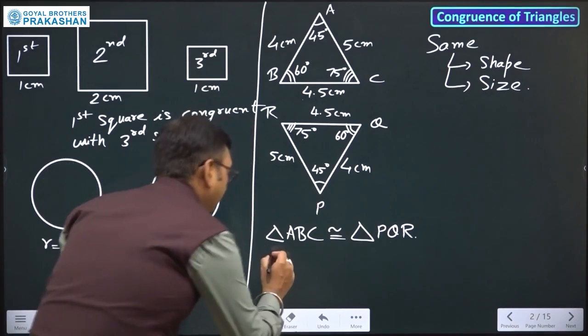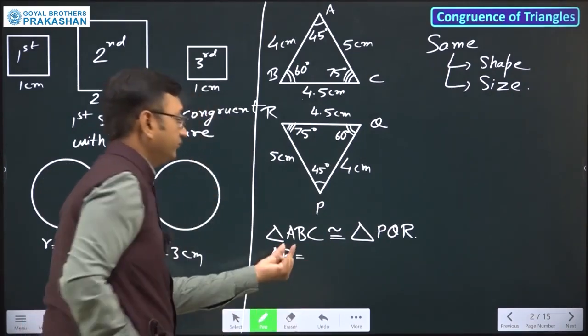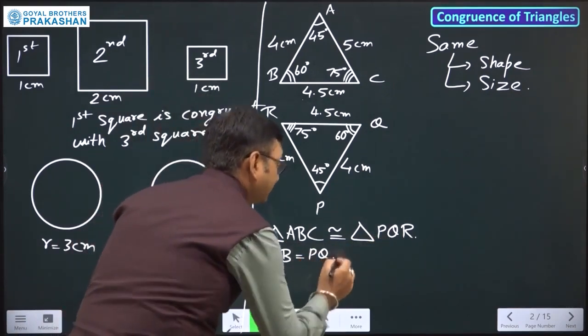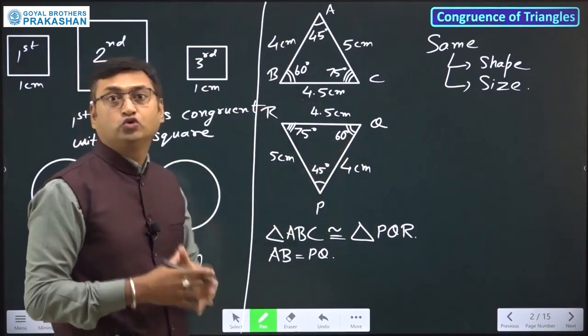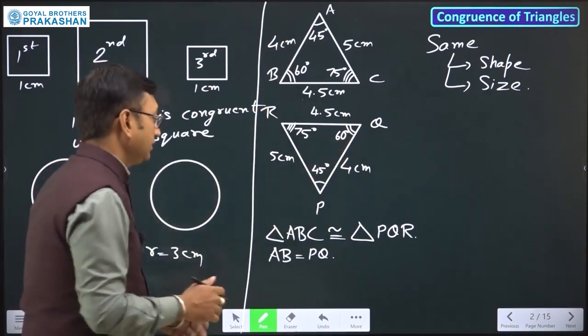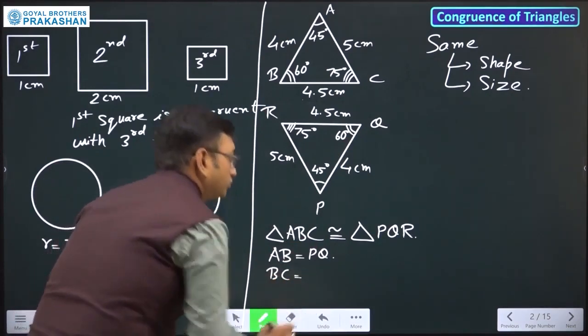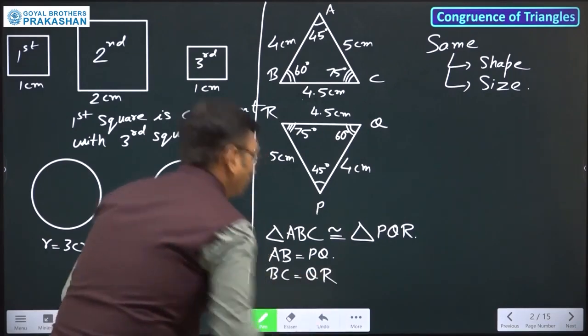So we can say that side AB is congruent to, first two letters, PQ. Is it correct? Let me check it. AB is 4 centimeters, PQ is also 4 centimeters. It means it is correct. Now we take the last two letters, BC, so the last two letters, QR.